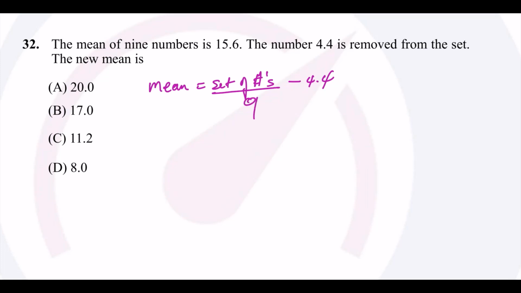And we know that the number of items in the set is 9. Alright. So the mean, 15.6, is equal to the sum of the set of numbers over 9.